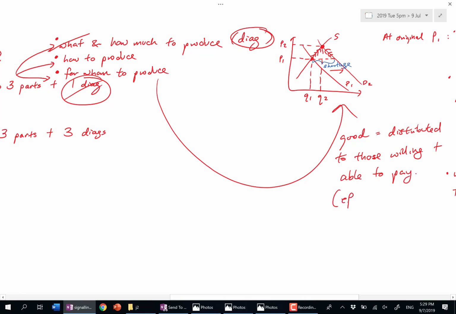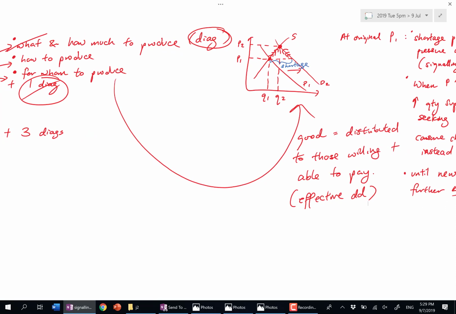Because that's how we define the demand curve. It's an effective demand curve. It's not a desire curve. If you are willing to pay, but you're not able to pay, it's not effective demand. Okay, so that is your rationing effect.